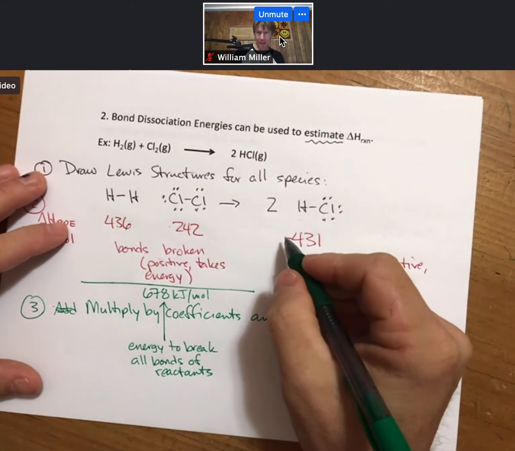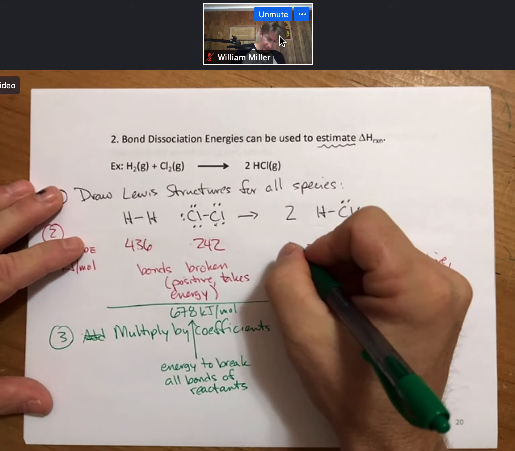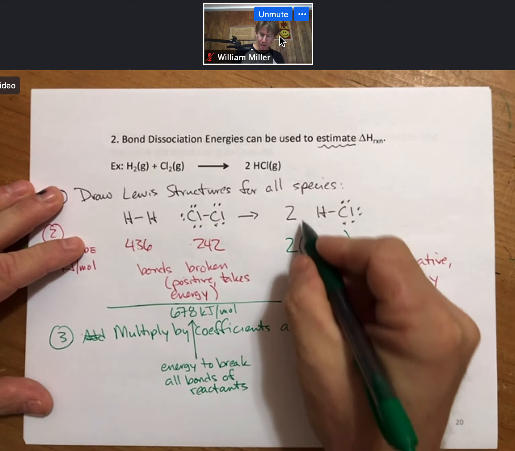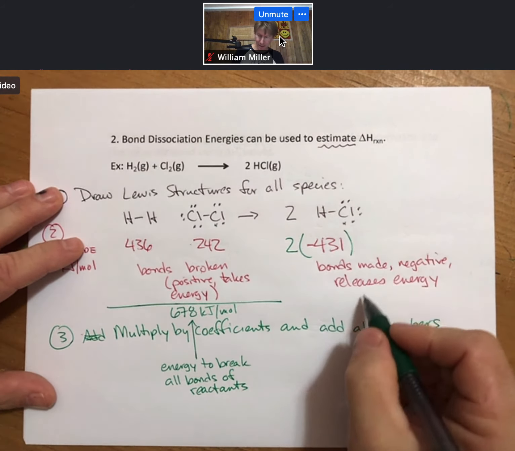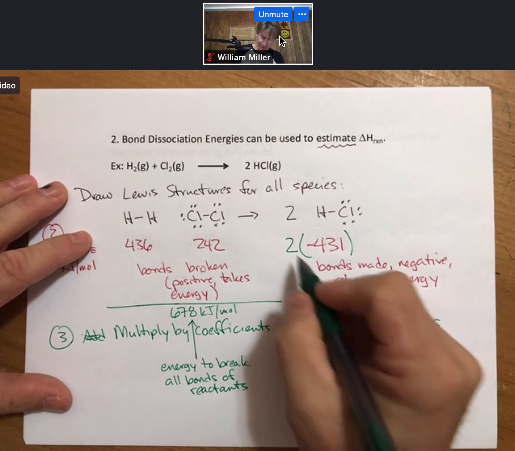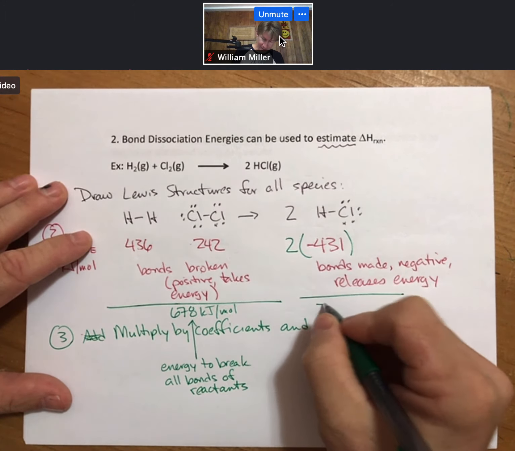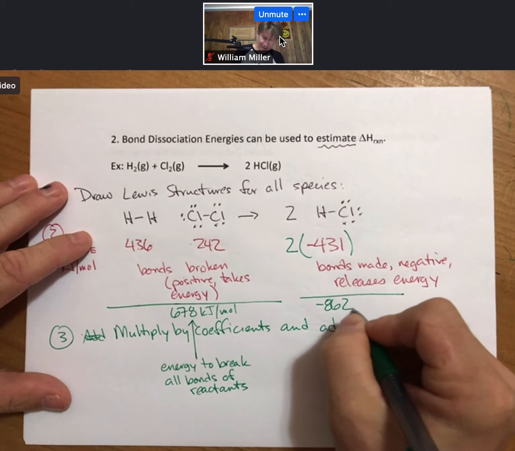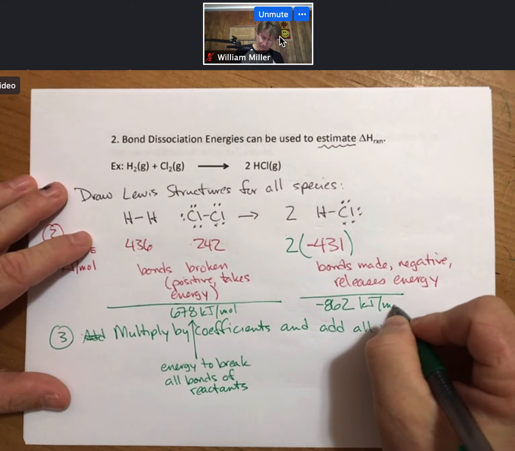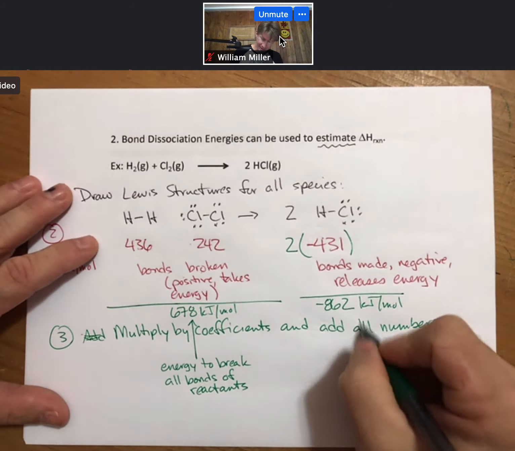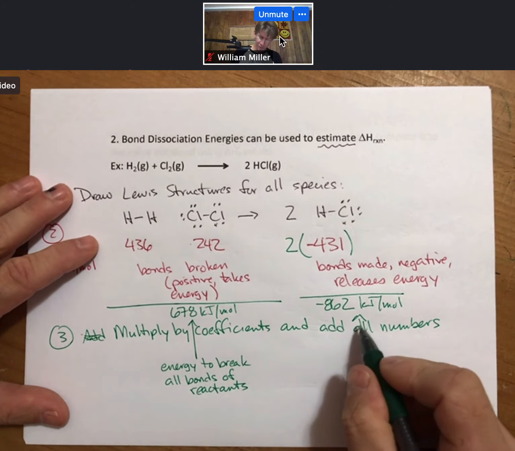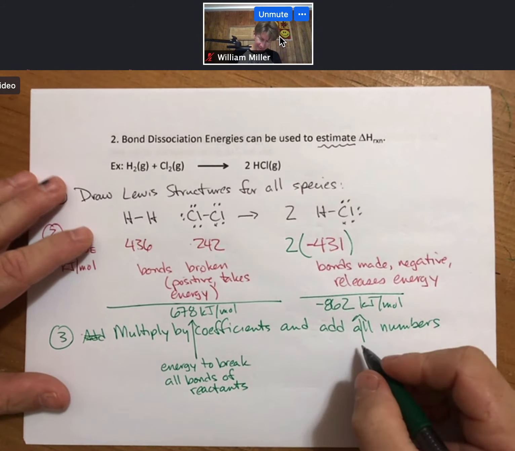And now here we have 2 moles of bonds being made. So this is going to be minus 862 kilojoules per mole. And again, this is energy to make all bonds of products.